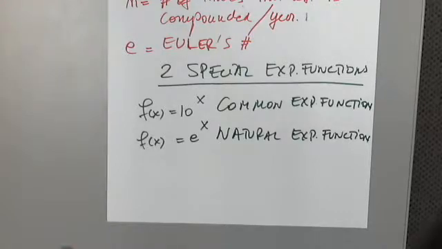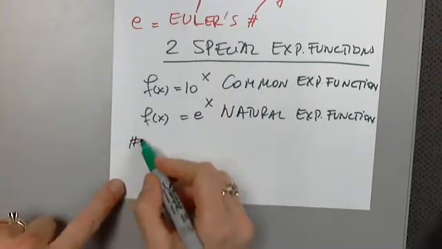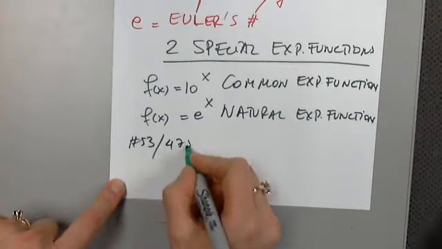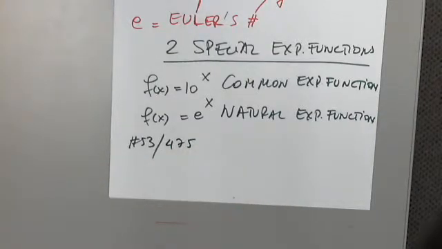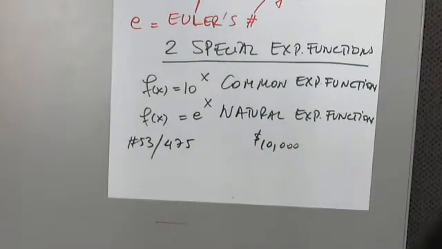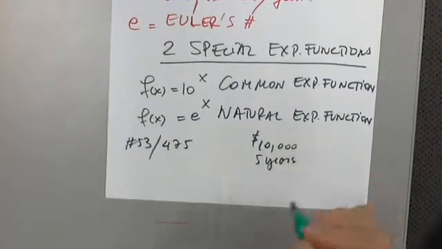Okay, so now let's look at a problem in which we are asked to determine the accumulated value. So let's say problem 53 on page 475. Find the accumulated value of an investment of $10,000 for 5 years at an interest rate of 5.5.